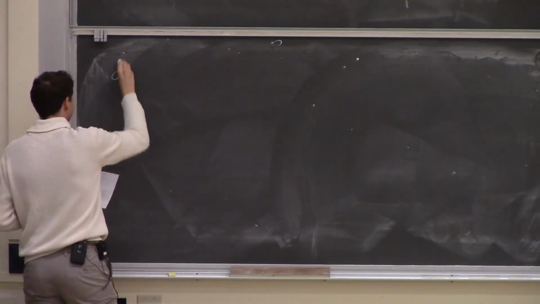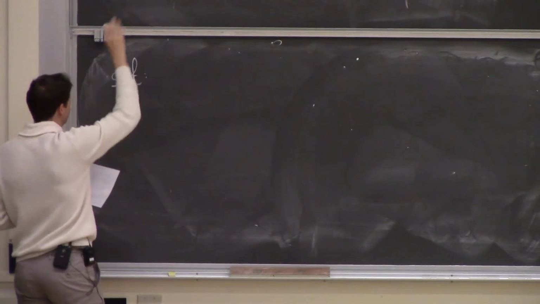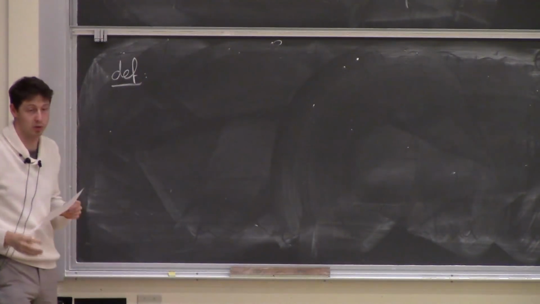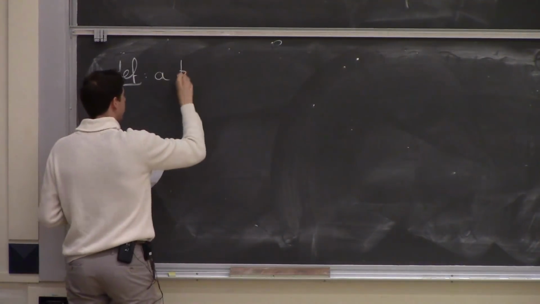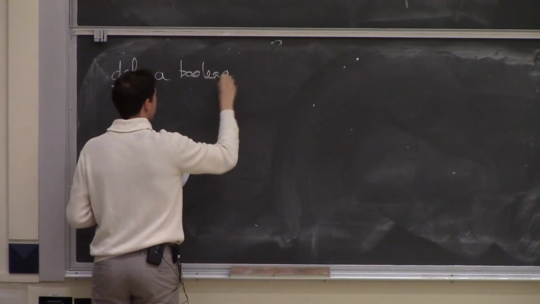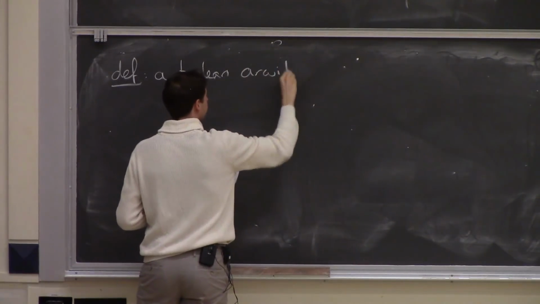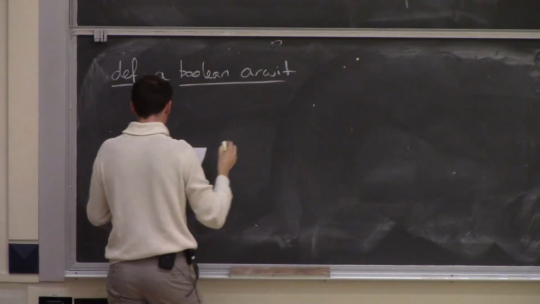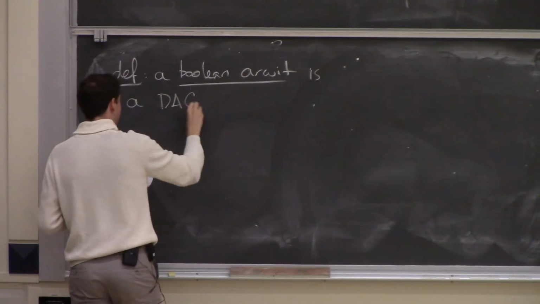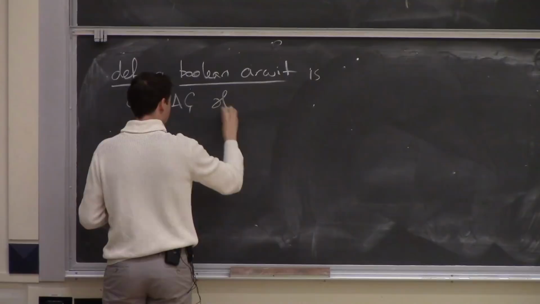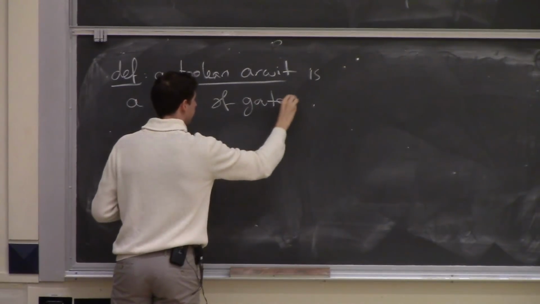So to talk about that problem, we have to first define the notion of a Boolean circuit. Okay? So a Boolean circuit is a directed acyclic graph, a DAG, okay, of so-called gates.